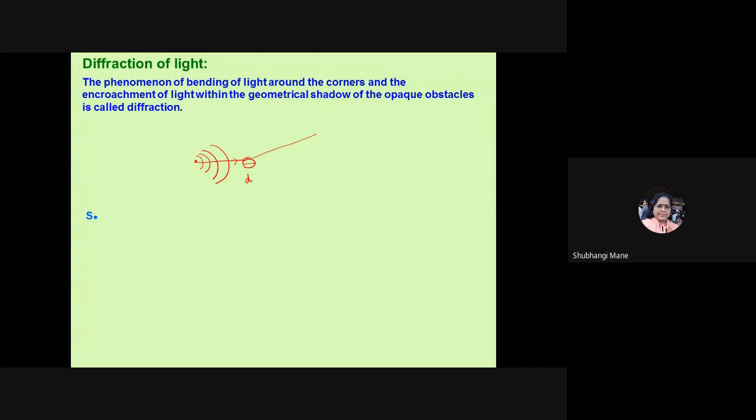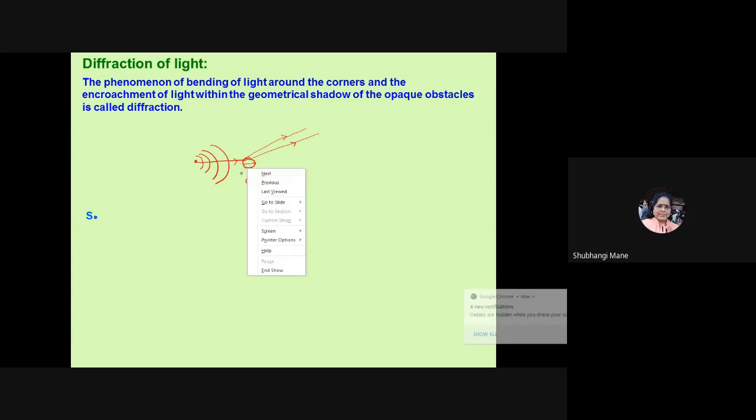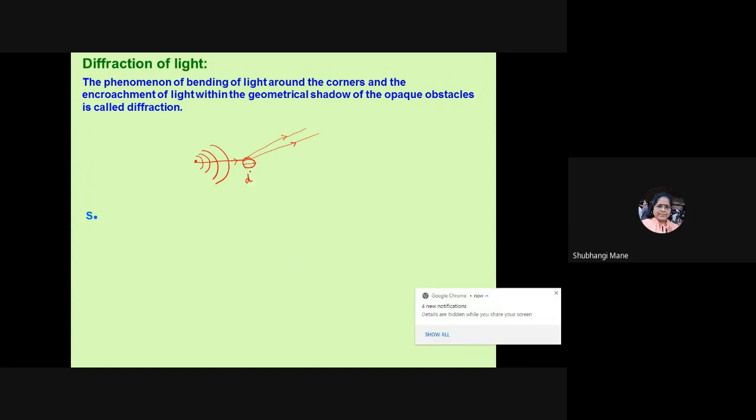Over the surface it bends like this, spreading of a light beam around the obstacle. This beam of light is going to be spread in all possible directions. It spreads over the surface, okay, like this.